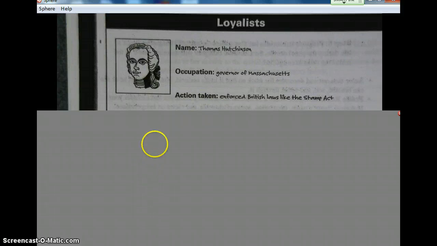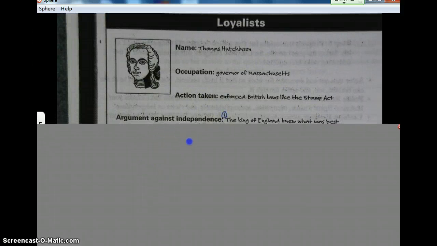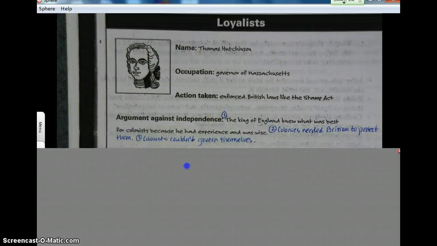Okay, so the 3 reasons that he gives in paragraph 4 are: the King of England knew what was best for colonists because he had experience and was wise. He felt that the colonies needed Britain to protect them, and he didn't feel like the colonists could govern themselves, that they needed help from Britain with the governing part. So those are 3 reasons or 3 arguments that Thomas Hutchinson had against independence.